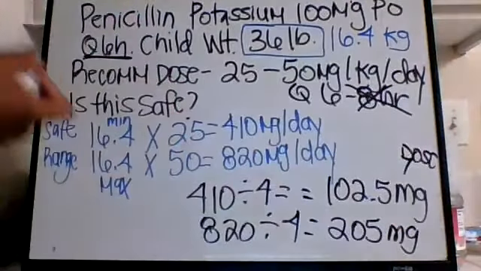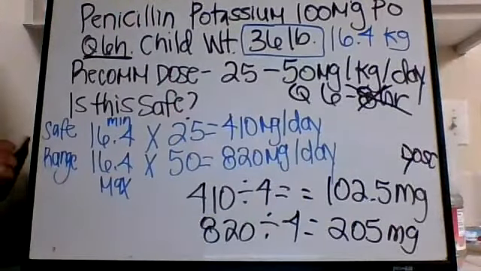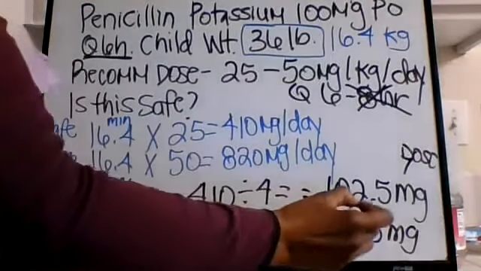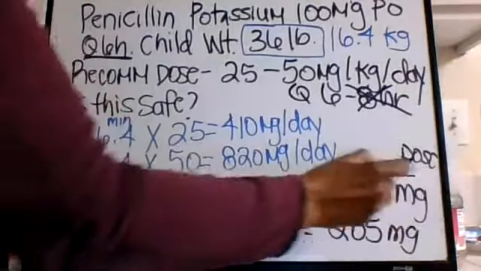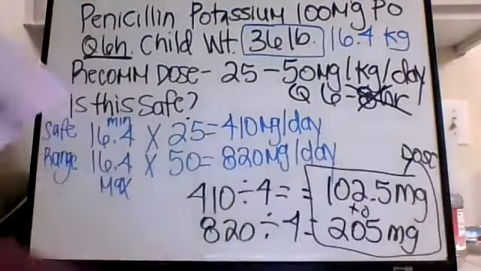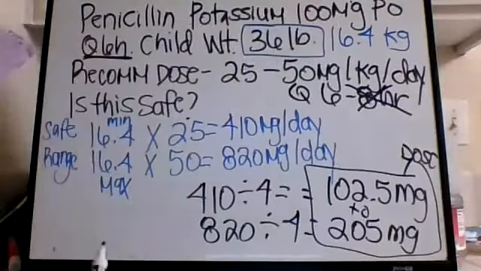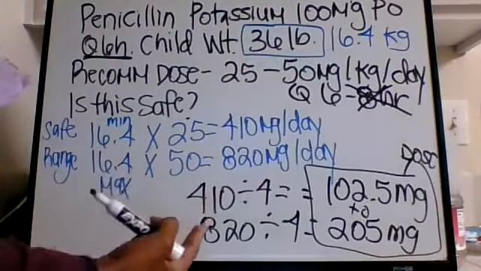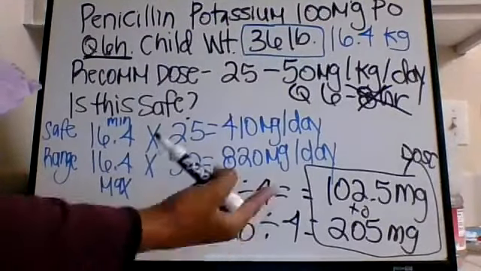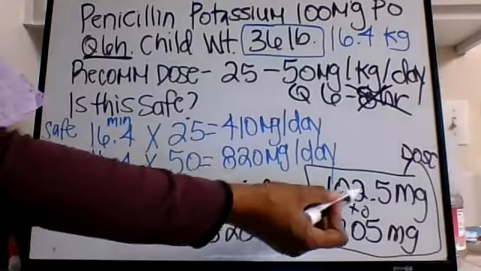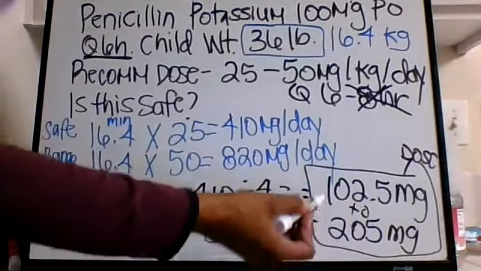All right. Okay. So this is our single dose range right here. The doctor ordered 100 milligrams. The recommended safe range for this child is 102.5 milligrams to 205.